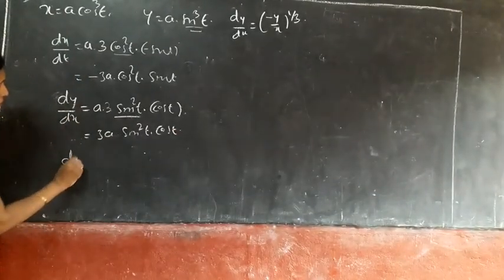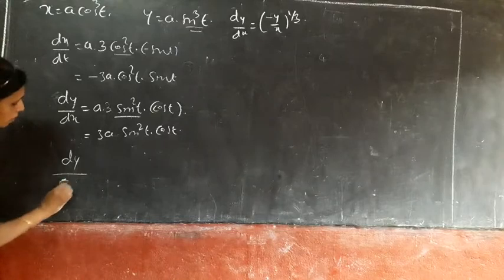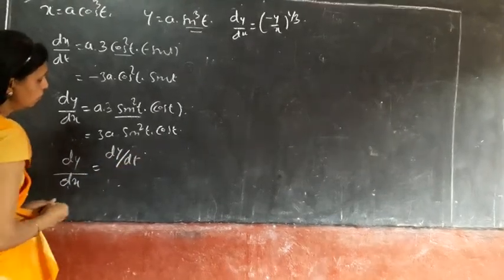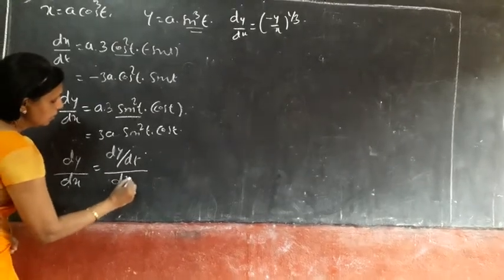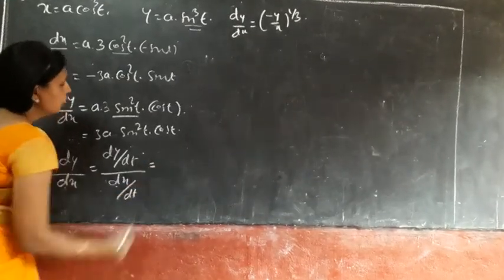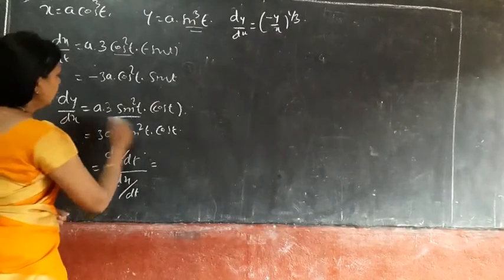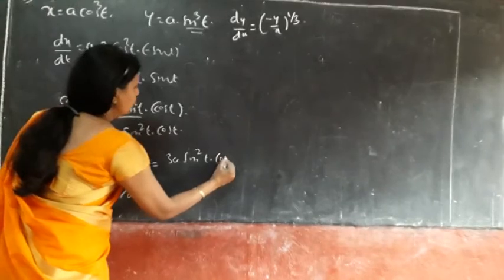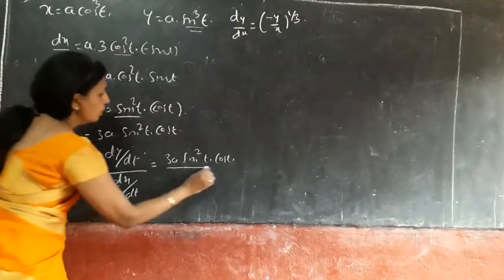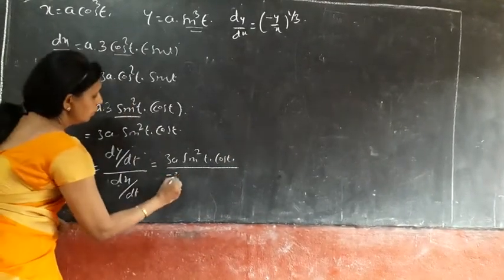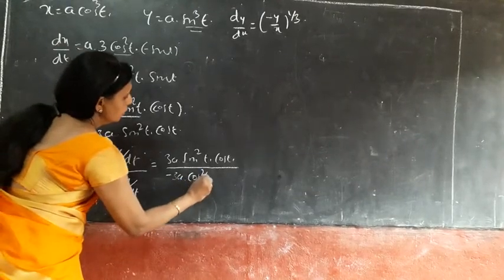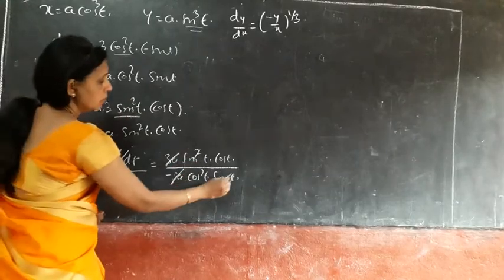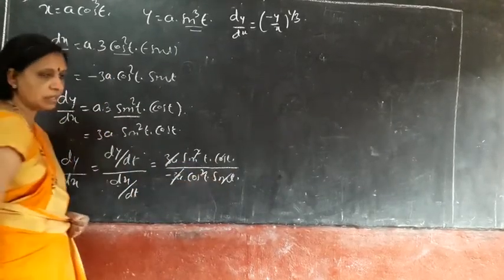Next, use theorem third, that is dy upon dx equal to dy upon dt whole divided by dx upon dt. Now put the values: dy upon dt, that is 3a sin square t into cos t, divided by minus 3a cos square t into sin t. 3a and 3a cancel, one sin cancels, one cos cancels.